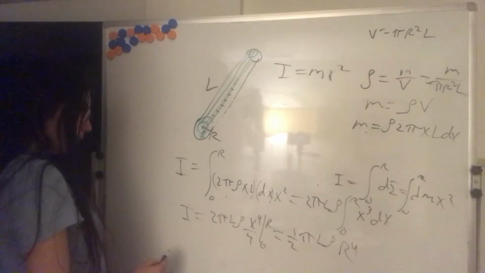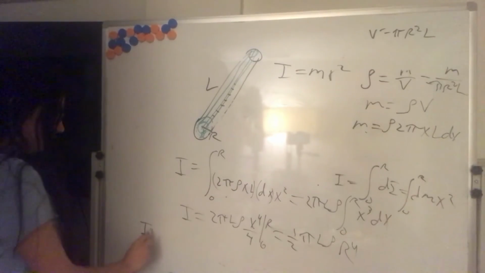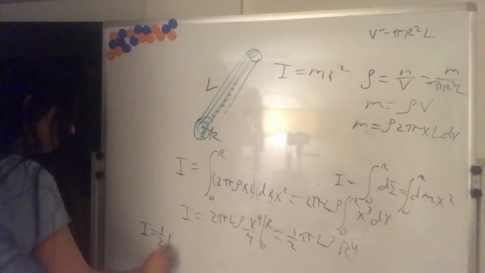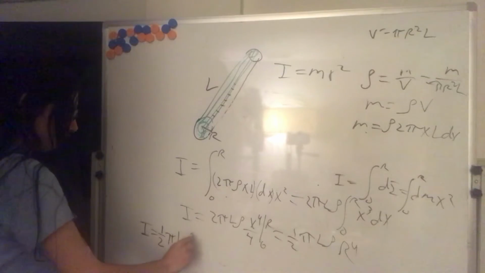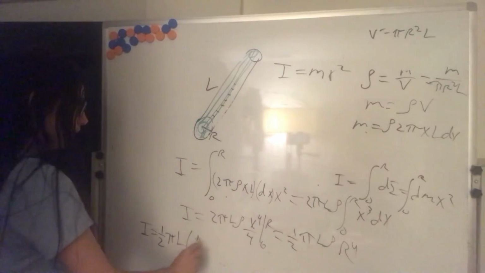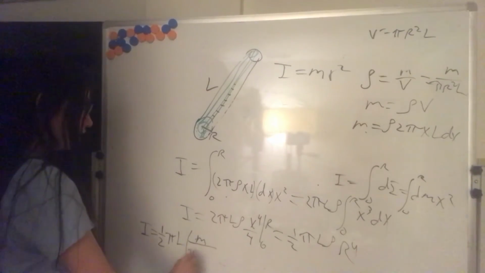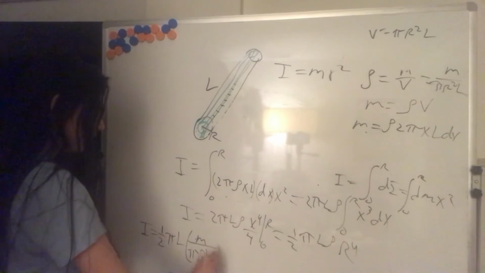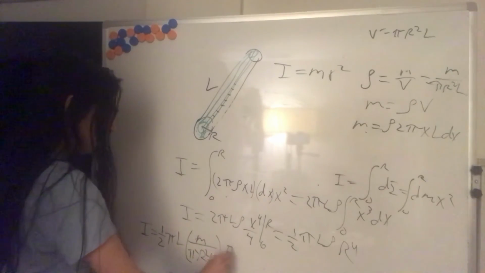So here we have that the moment of inertia is 1/2 of pi l times the mass over pi r squared l times r to the fourth power.